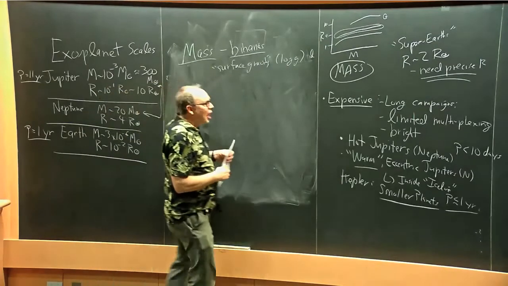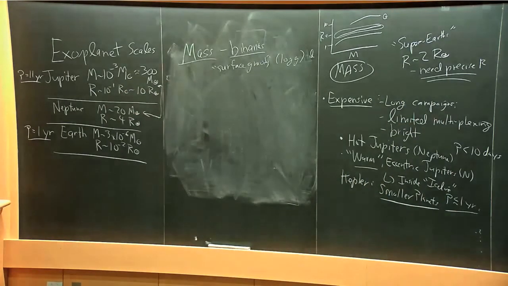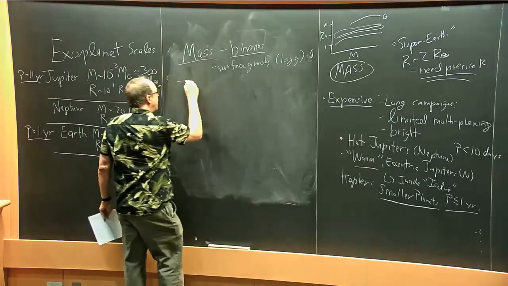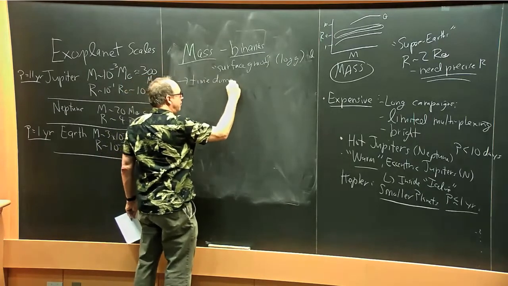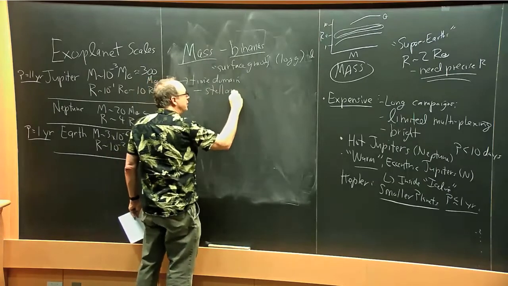And there's a couple of new angles that have come in that are also objects we can be talking about here. One of these is that because I have extensive time domain data, I can actually characterize stellar oscillations.